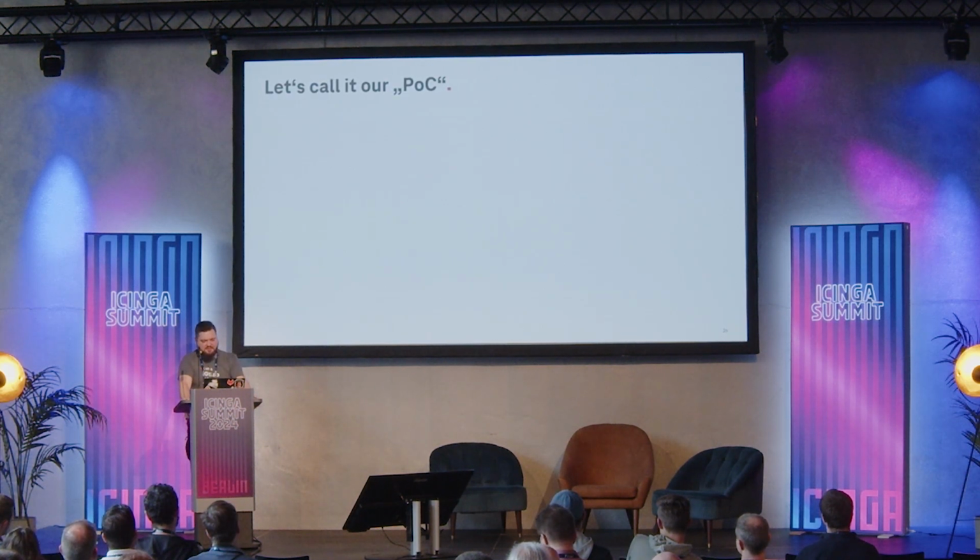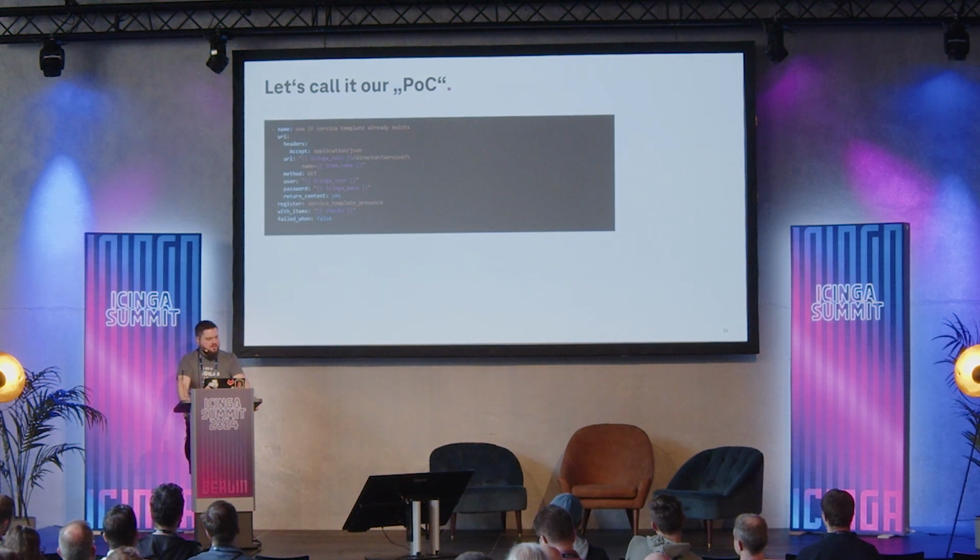We did a small POC. I hope most of you know Ansible. It's like an automation language where you write nice YAML files that get mangled by Python and executed against the server or an API. And at first we used the URI module, where you just add headers and URL and some parameters to send to a web server.